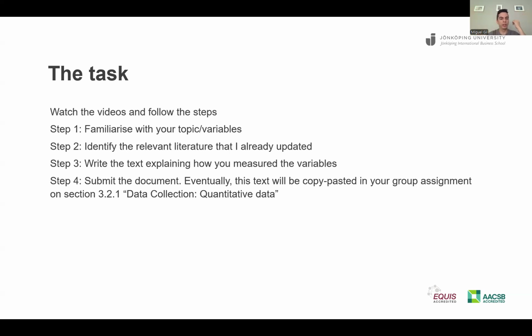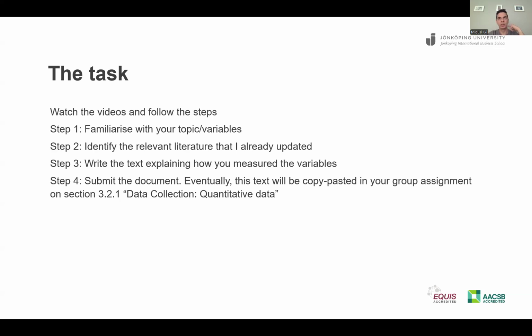Second, identify the literature that will be relevant, but that I have already updated. I will explain that in a second in the next video. And then write a text explaining how you measure the variables. I will also provide a video explaining how to do it. And finally, just submit your document.